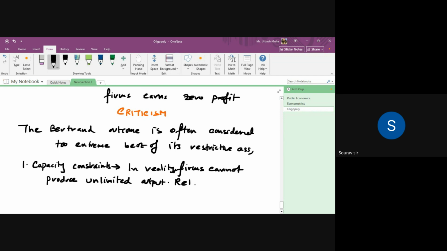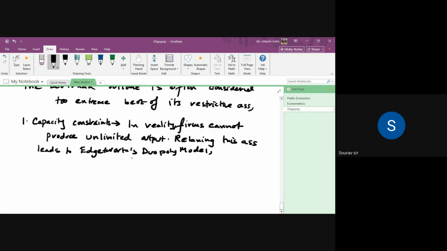So relaxing this assumption leads to what we'll be doing today, the Edgeworth duopoly model. And where, as I gave you the example in the initial part, price may not settle at marginal cost. Okay. Next, product differentiation.